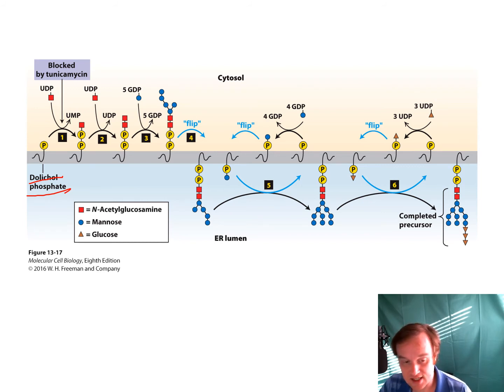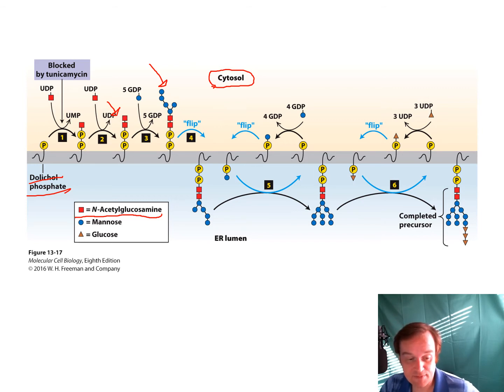The N-acetylglucosamines are red, as you can see here, and the mannose are blue. These are added with high-energy phosphate linkages, one at a time, on the ER membrane cytosolic face. So they're added on the outside of the ER membrane.